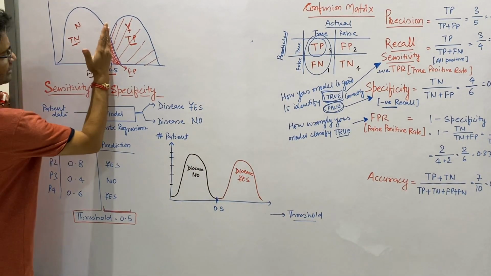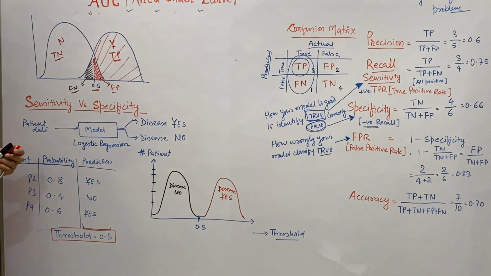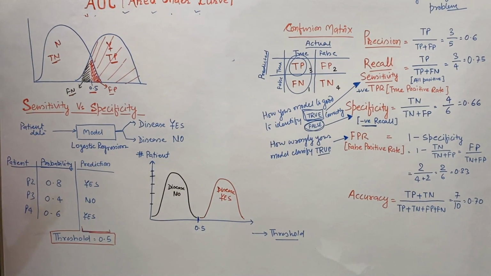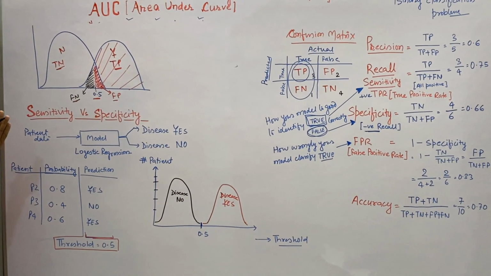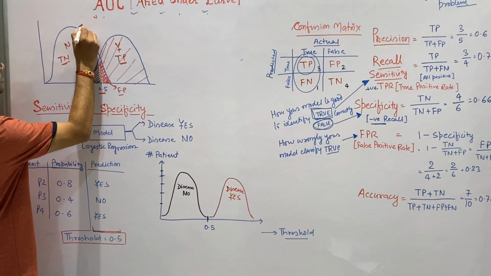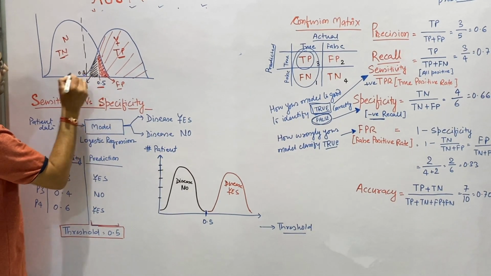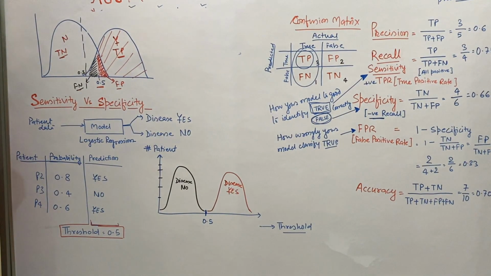Now if you shift this 0.5, I am going to reduce the threshold. Suppose I am considering my threshold here, 0.3. So what happened?